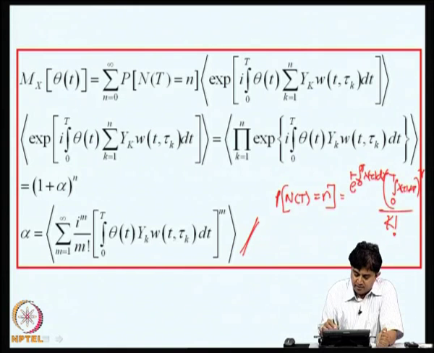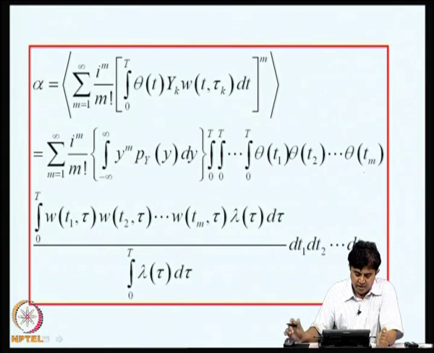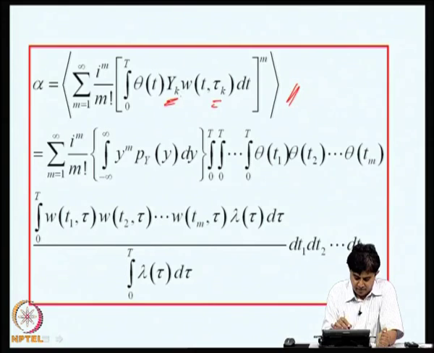This is the Poisson model that we are assuming, with a time dependent arrival rate. Now, this alpha is given here and can be simplified. This is an expectation. What is random here are the random variables Y and tau_k, and if we interpret them carefully and allow for the fact that the Y_k are IID and the tau_k are Poisson points, we get this expression.